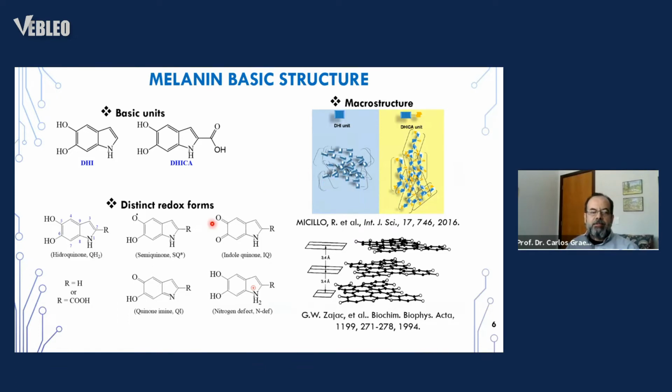So we have many places where there can be some reaction. In this sense, there is still some trouble in the literature in saying what the real structure is. But what one knows is that it can form little structures like little graphenes, with a lot of defects, because we cannot forget that we have nitrogen inside, so it's not a real graphene.